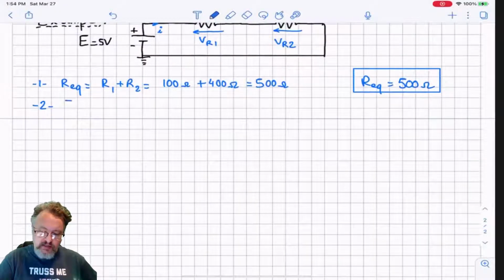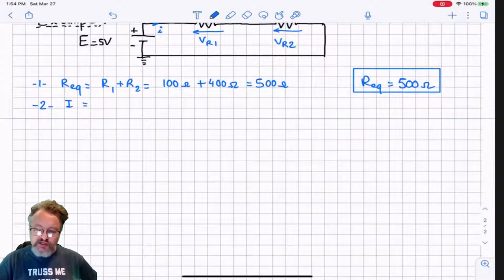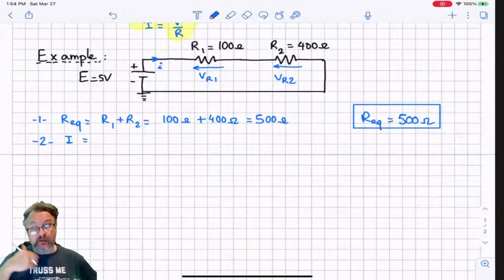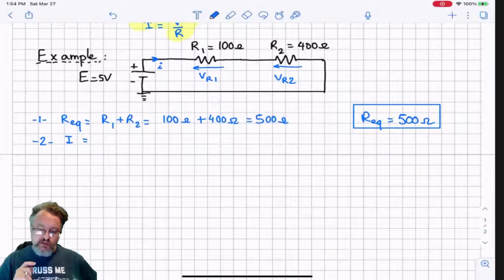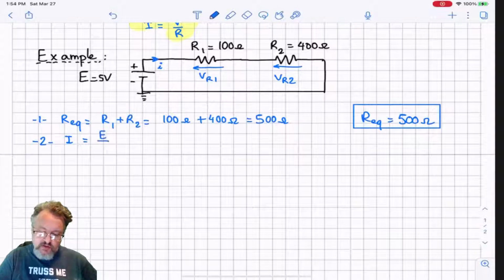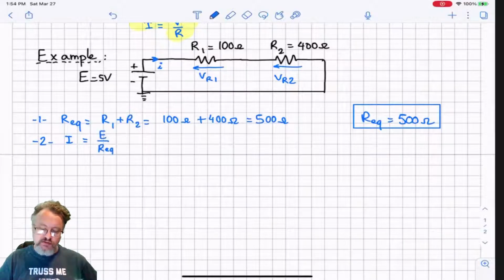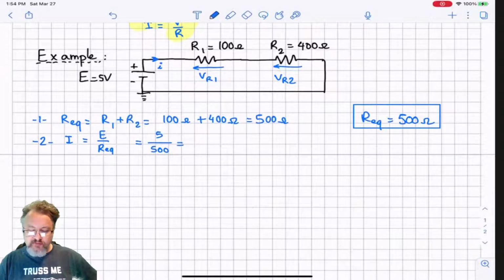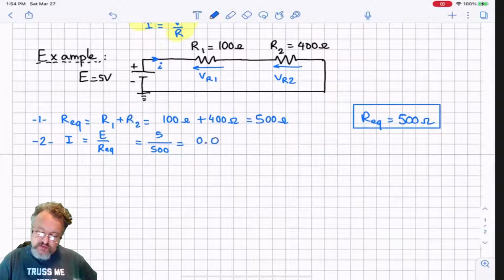Let's do that. I is going to be equal to the voltage. In this case, since we're talking about the current out of the battery, we're going to have the voltage, which is going to be E, over the resistance, which is the resistance of the circuit, so the equivalent resistance. So it's going to be 5 divided by 500. Okay, so 5 divided by 500 is going to be 0.01 amp.